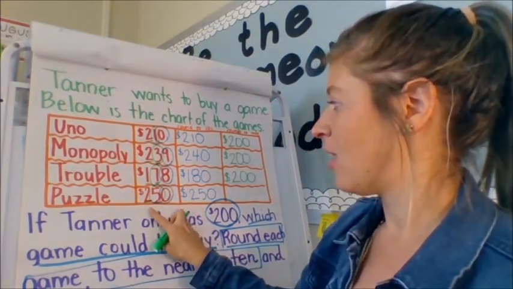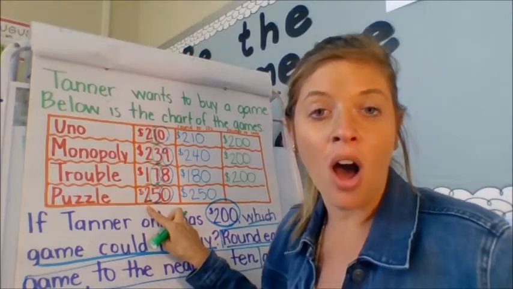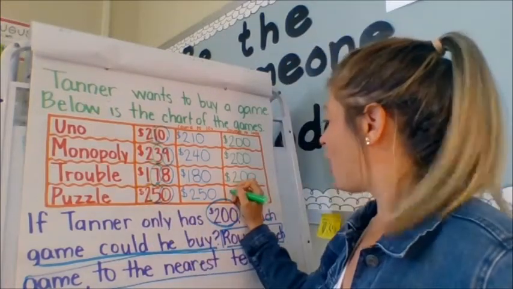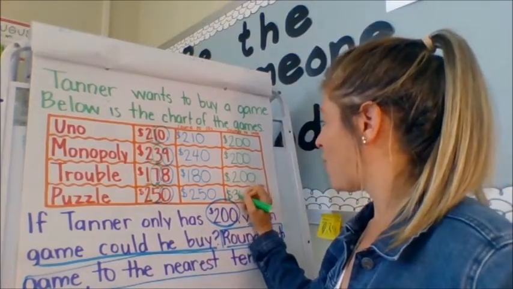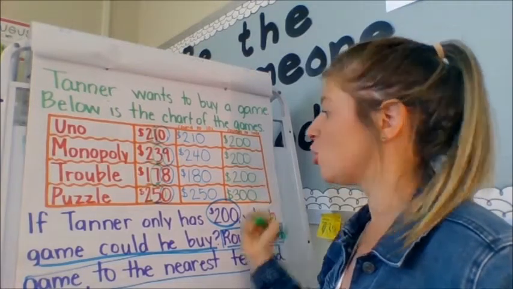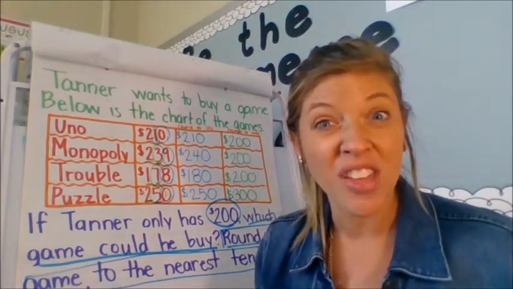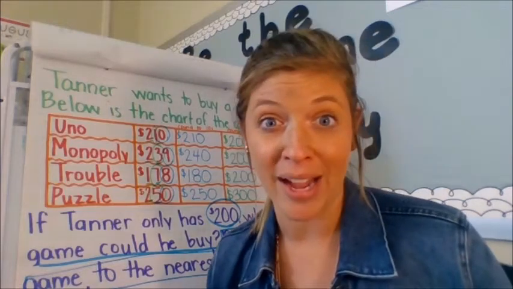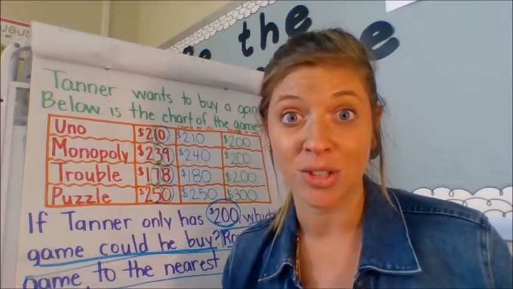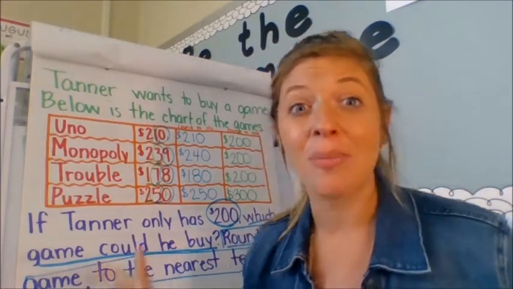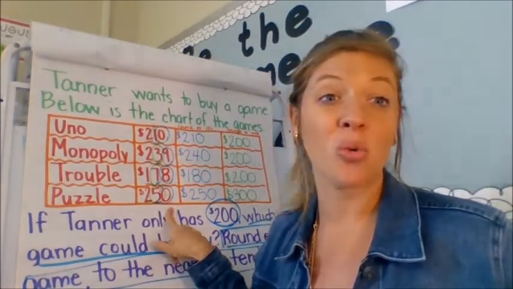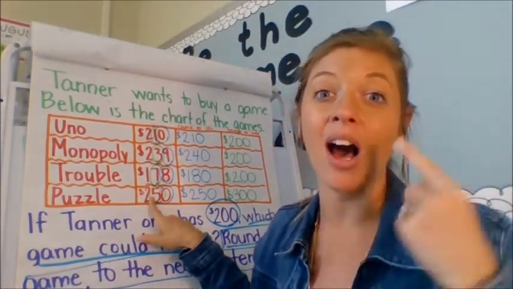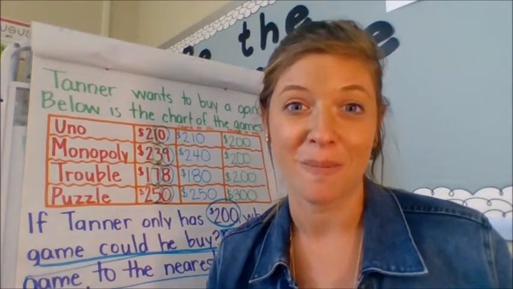The 5 is going to tell the 2 to soar. So on this problem, the puzzle would actually round to 300. So would they all round to the same price if we round to the nearest 100? No, because the 250 would end up rounding up to the next number.